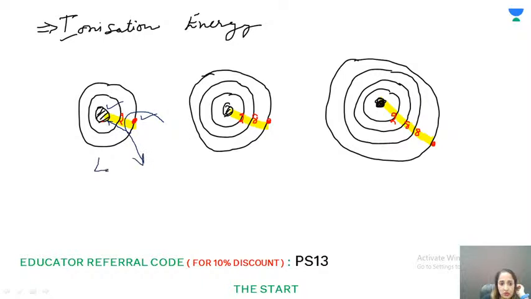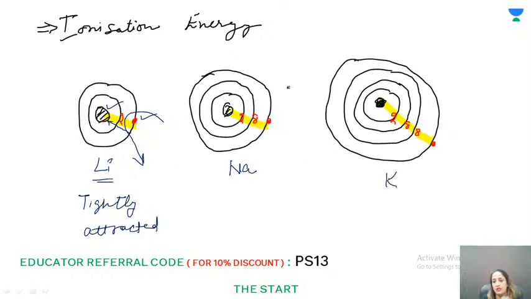In the case of lithium, the outermost electron is very close to the nucleus, which means it is tightly attracted by the nucleus. If we go to sodium, and then potassium, the outermost electron is far away from the nucleus. That means it is loosely attracted. So what will happen if it is loosely attracted?